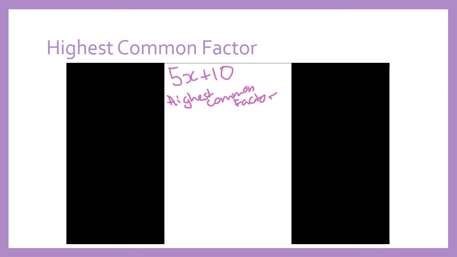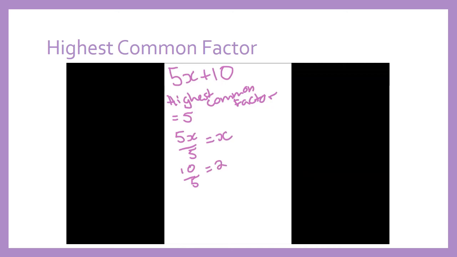So what that means is what number goes into both 5x and 10. Now the highest common factor is 5. So we would write 5x divided by 5, that equals x. 10 divided by 5, that equals 2.